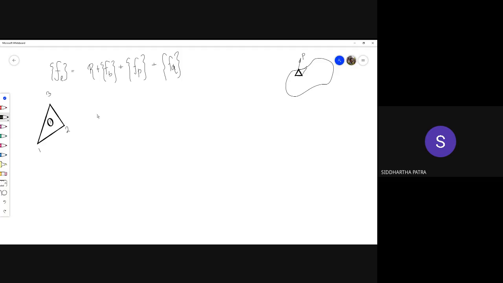If one of the sides has traction, that traction can be in an arbitrary direction, but I can always resolve it into x component and y component. Here we take an example where there is some traction t, changing linearly from node number 2 to node number 3, acting in x direction.